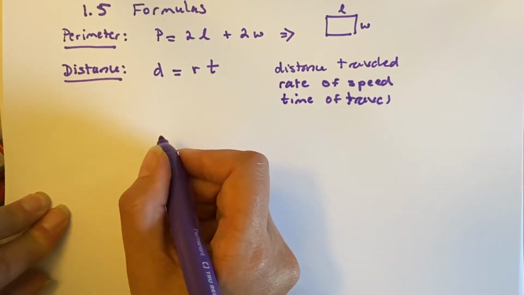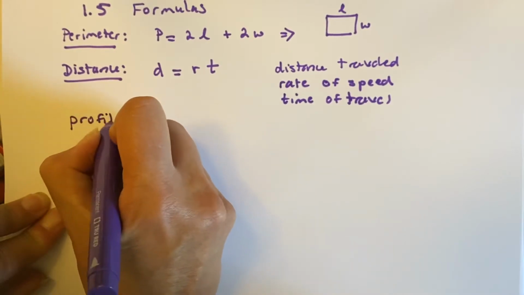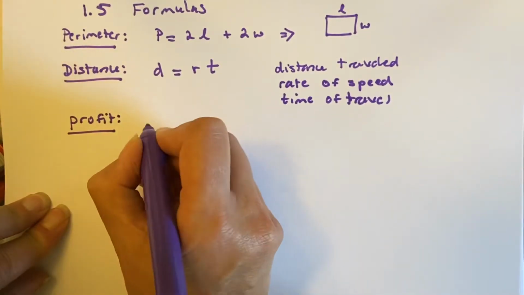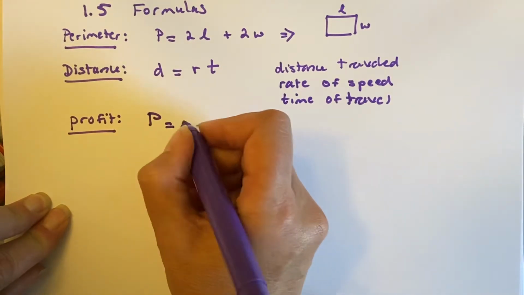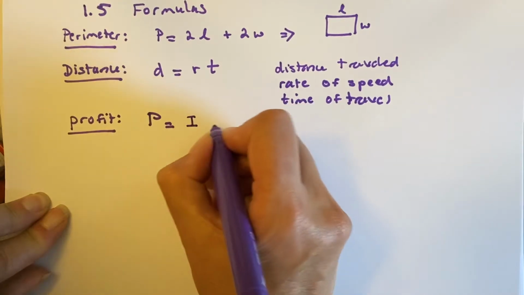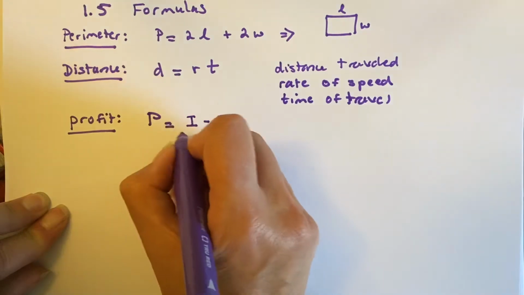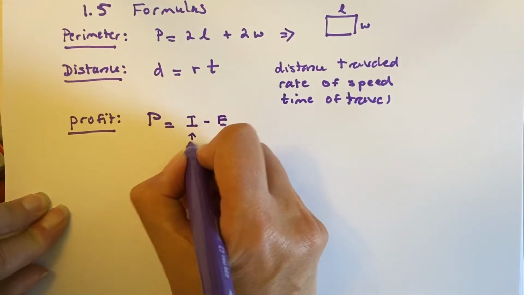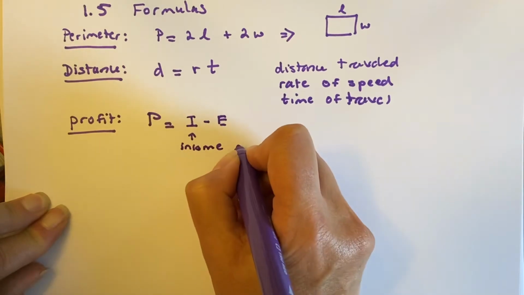Another one is profit. This is very important for companies. Profit, in other words, how much money you keep as a company, is I, income, minus expenses. So income is how much money you make from your sales, usually.